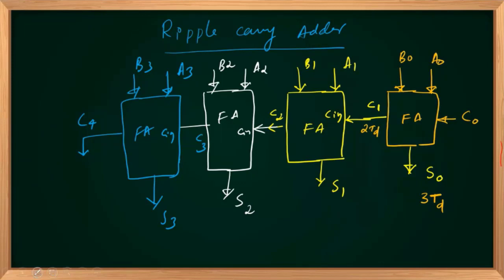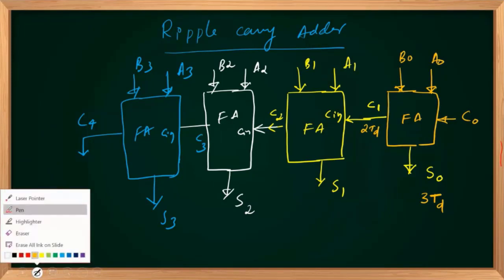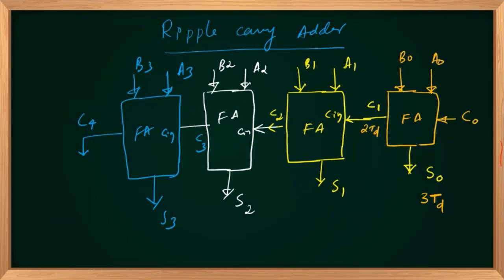Then to produce the second sum output, my carry in should be ready. That will be ready after two time delays. Once it is ready, I require another three time delays. So 2 plus 3, that's equal to 5 time delays, are required to produce the second stage sum output, right?